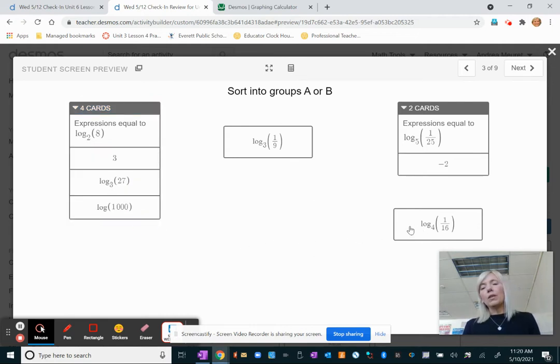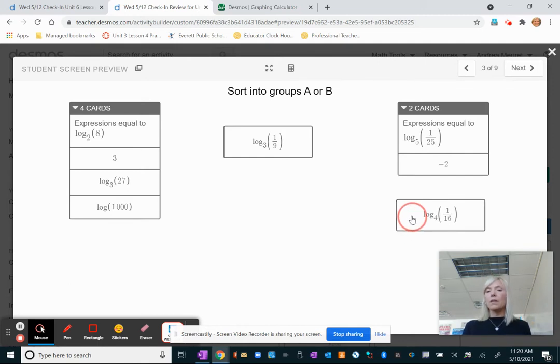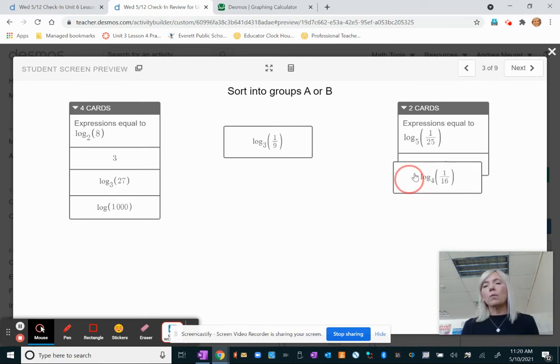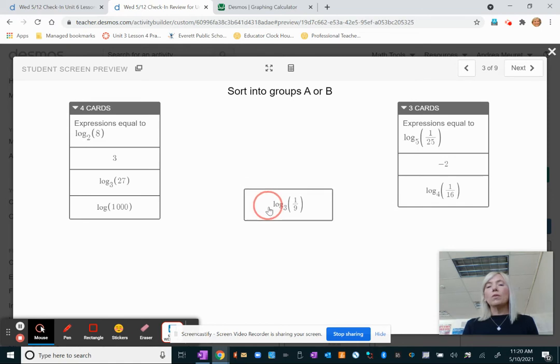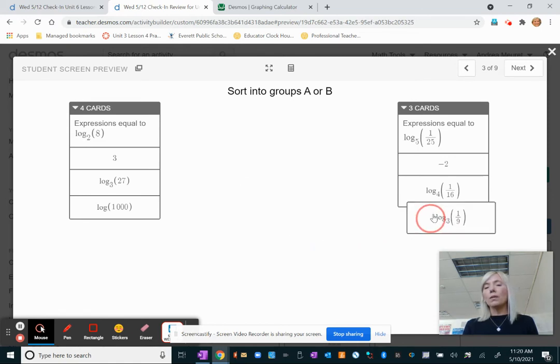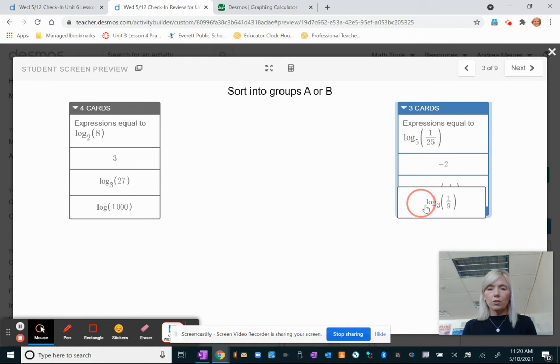And then over here, log base 4 of 1/16. I know 4 squared is 16, so 4 to the -2 is 1/16. So this expression also has a value of -2. And so does the last one. 3 squared is equal to 9, so 3 to the -2 is 1/9. So that means log base 3 of 1/9 is equal to -2.